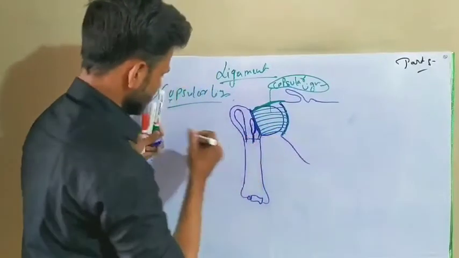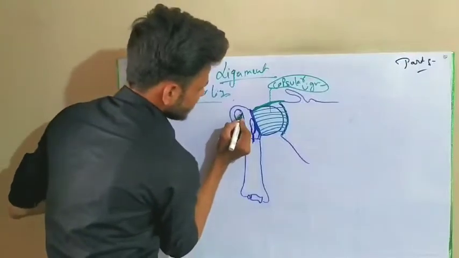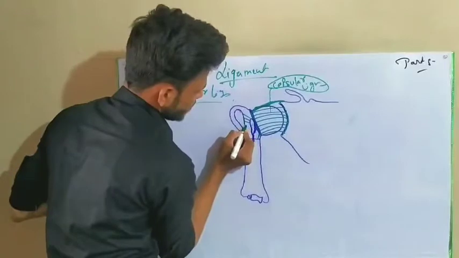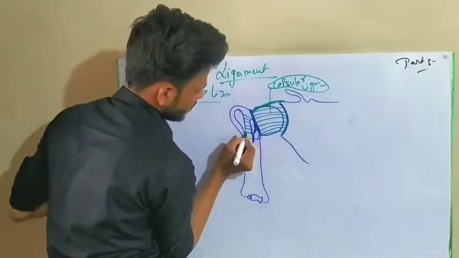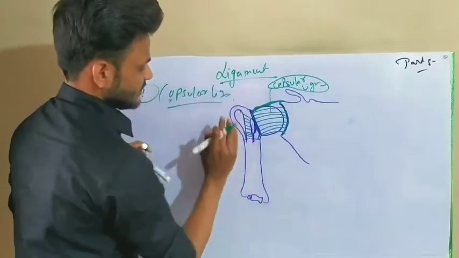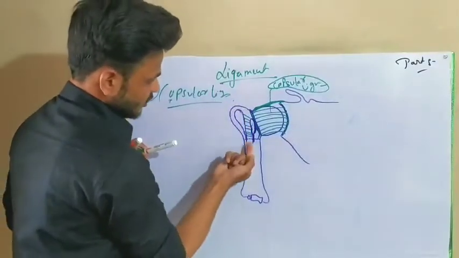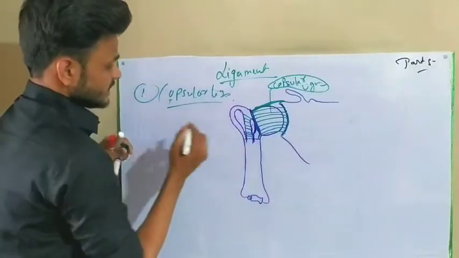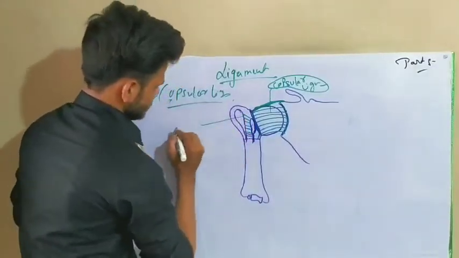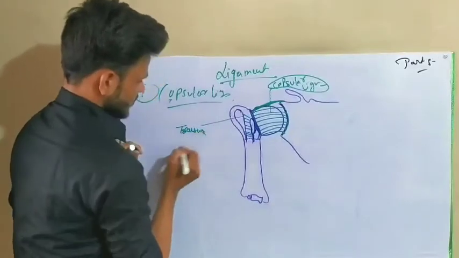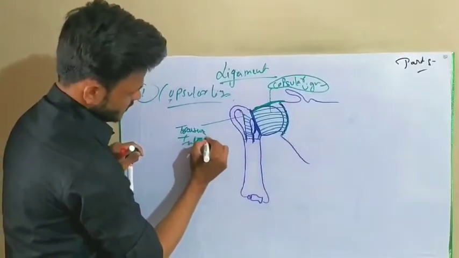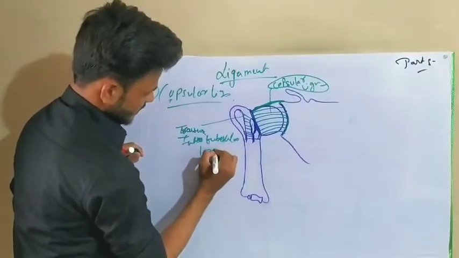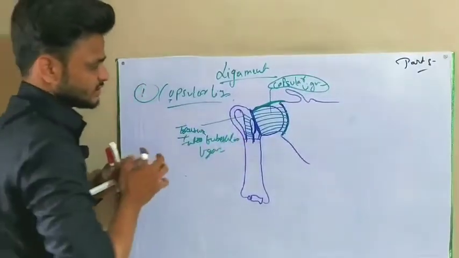This is our lesser tubercle, and this ligament is attached to both tubercles and forms a bridge or canal-like structure. This ligament is called the transverse intertubercular ligament.